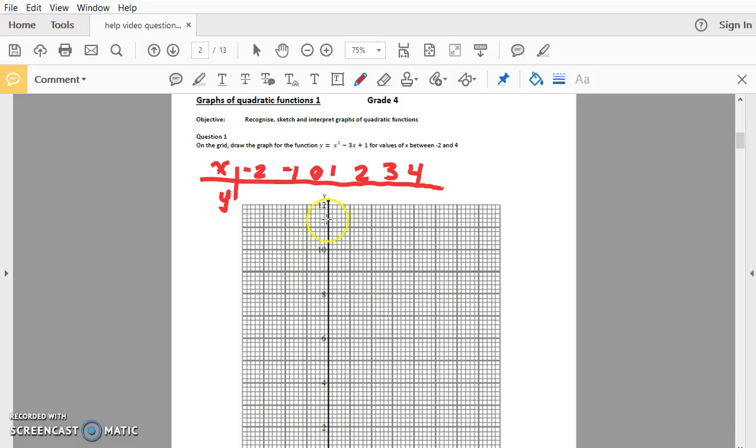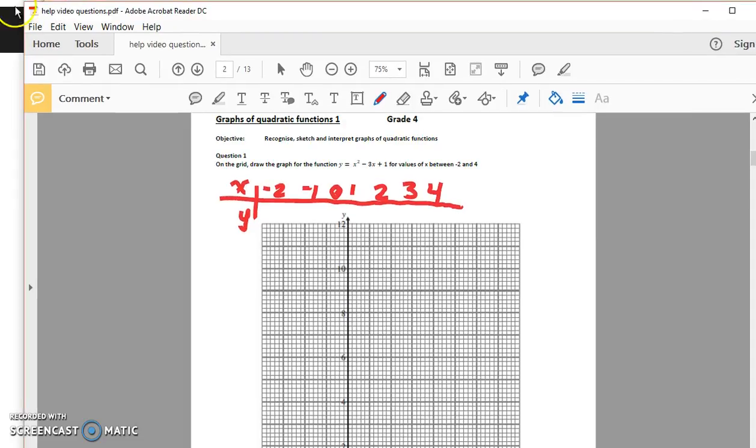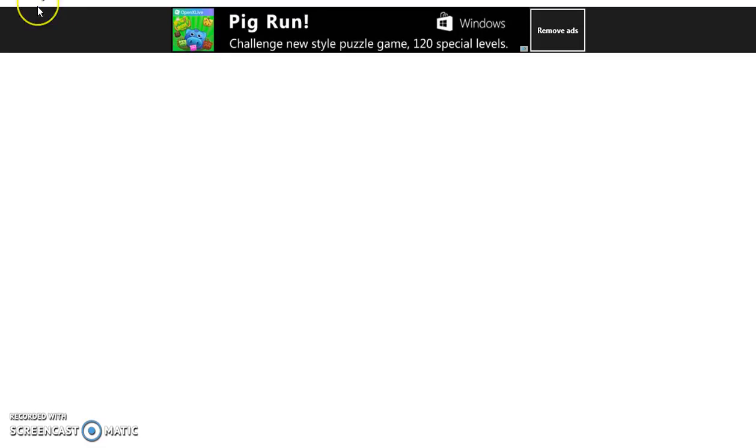So if we look, we've got minus 2. When I look at minus 2, first thing I'm going to need to do is minus 2 squared. So minus 2 squared is going to give me a positive 4.